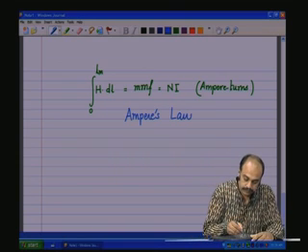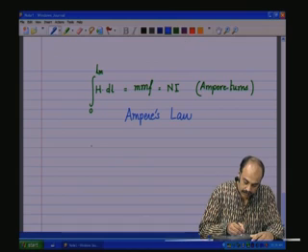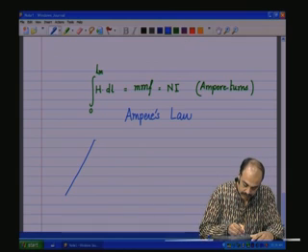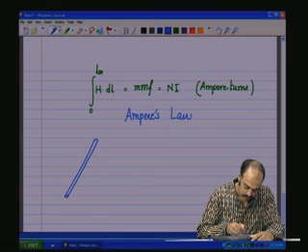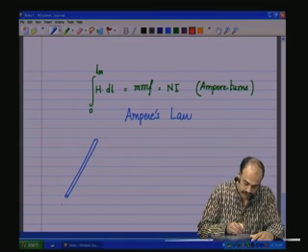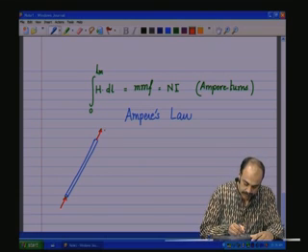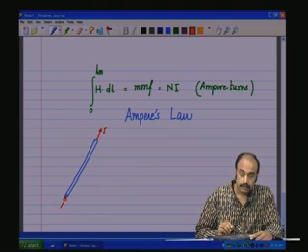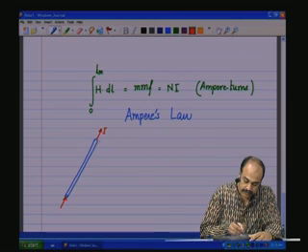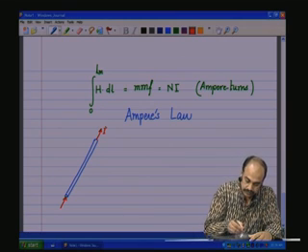What does it mean? Again, coming back to the conductor, we have this conductor and through the conductor we are going to pass a current I, and let us say I have N number of conductors.